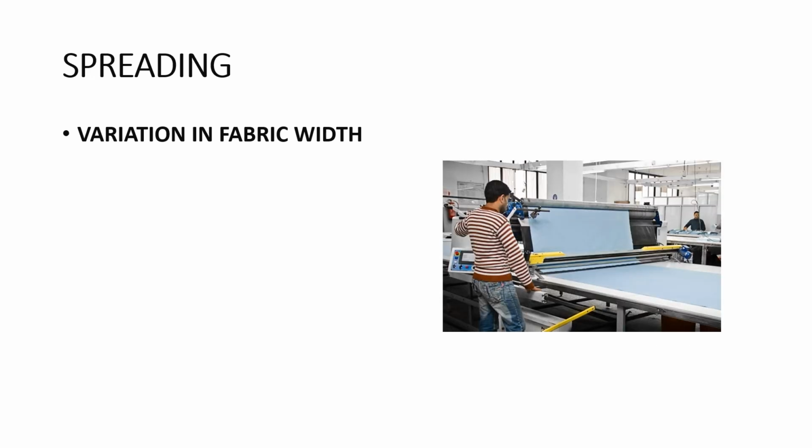In the machine you can see that a person is laying or getting the fabric length in the machine, and the first point to be checked here is the adjustment of the fabric width. So variation in the fabric width is the first parameter which is very vital, and needs to be checked by a quality control supervisor or the different areas of operations looked into by the spreading team.